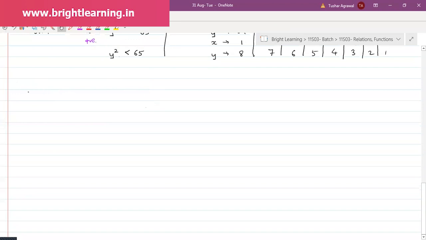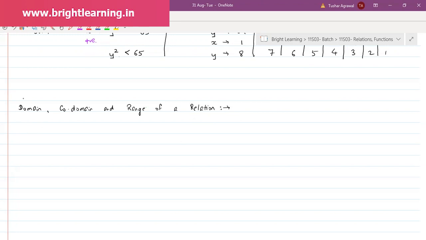Moving ahead, domain, codomain, and range of a relation. So what is domain?